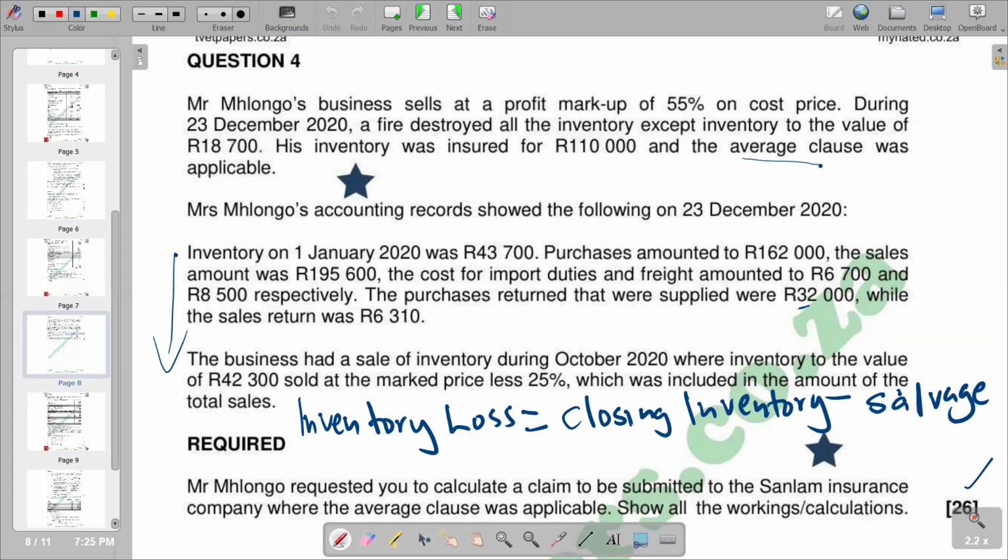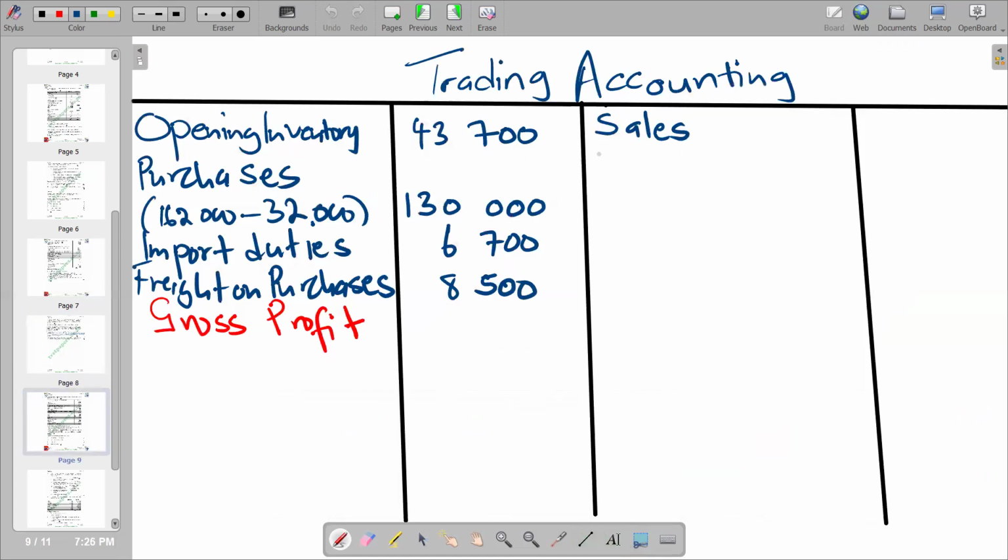So we can just calculate the net sales figure by saying 195,600, and then we subtract 6,310, our returns.